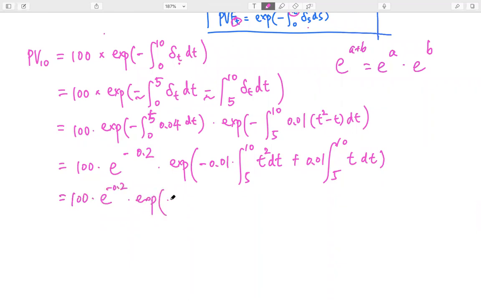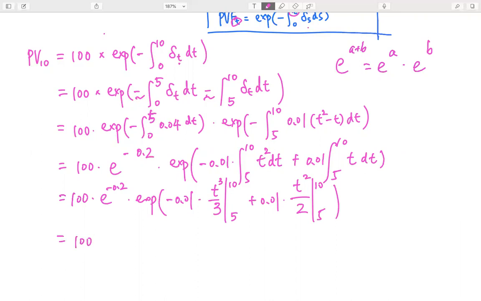Exponential, constant stays. For the power function t squared, when I do the antiderivative, the order goes up by 1 and I divide by the new order, from 5 to 10, plus 0.01. The same, right? t goes up by 1, so it's t squared divided by the new order, which is 2. Again, it's from 5 to 10.